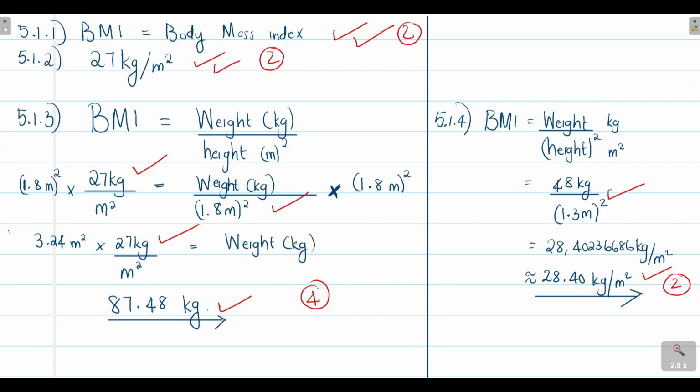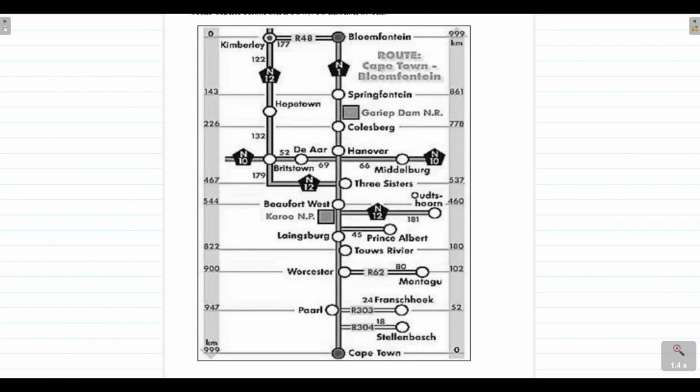So we're going to have a look at the strip chart that is given to us, and we want to determine the distance between Colesberg and Beaufort West. I'm going to quickly highlight where Colesberg is. That is Colesberg. And that is Beaufort West.